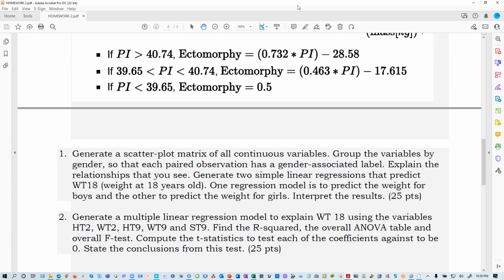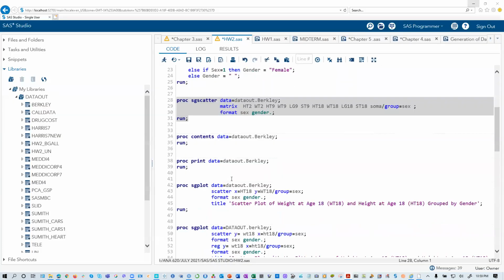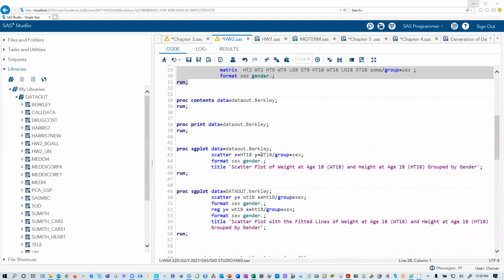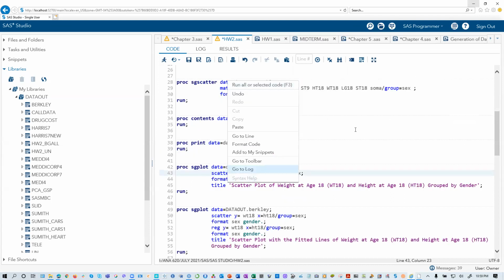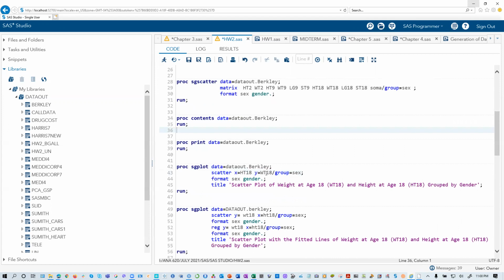Why the 18? How could I know that 18? Where does this idea come from? Why did I pick this one as X, HT18? Does anybody have any idea? They say get the two regression models, one for boys and the other for girls, grouped by the formatted gender.